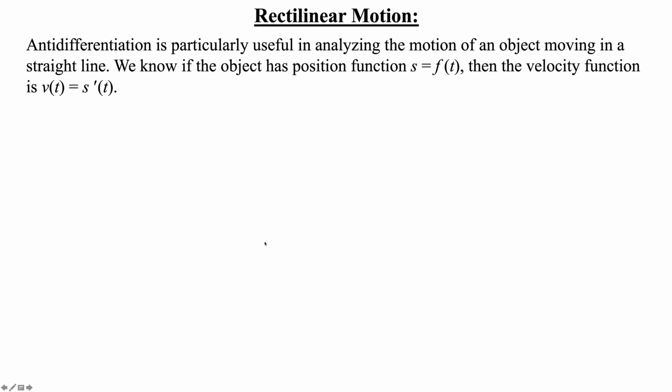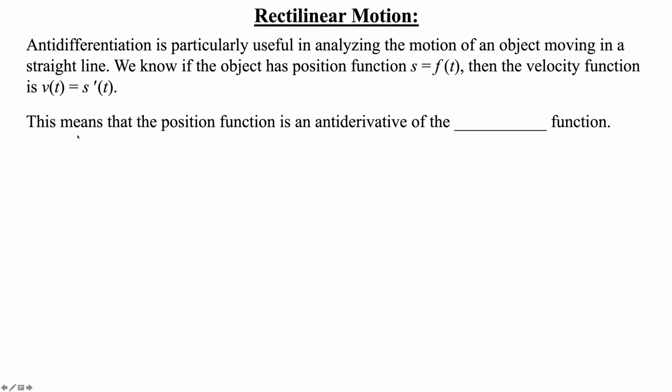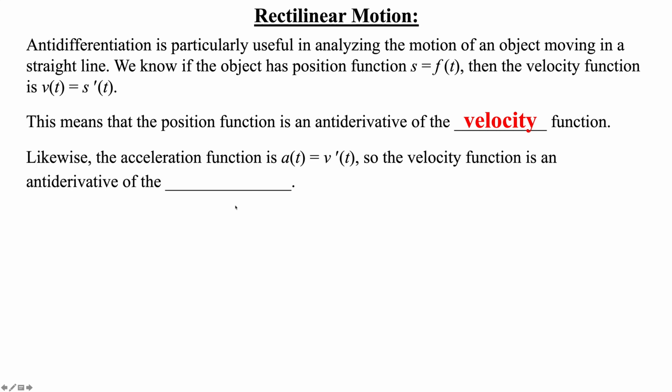Okay. Rectilinear motion. Antidifferentiation is particularly useful in analyzing the motion of an object moving in a straight line. We know if the object has position function s equals f of t, then the velocity function is v of t equals s prime of t. This means that the position function is an antiderivative of the velocity function, and we can go right down the line.